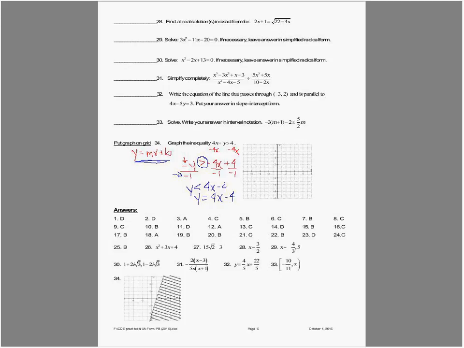Our y-intercept here is negative 4, so we're going to start by plotting that point. We're going to use our slope of 4, which means we're going to go up 4, 1, 2, 3, 4, and over 1. So that'll be the next point. The line is going to be dashed through those points.